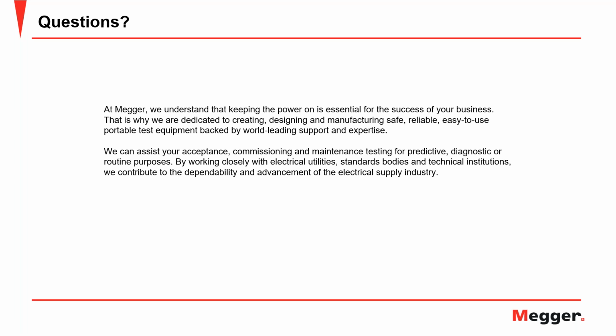And that's why we do this whenever we do that test, to make sure that dependent upon the current level that the device sees, it's going to trip within that required time tolerance.